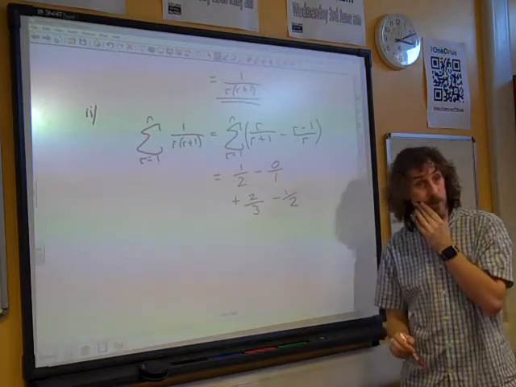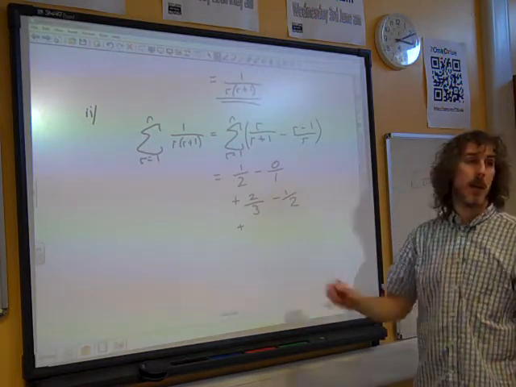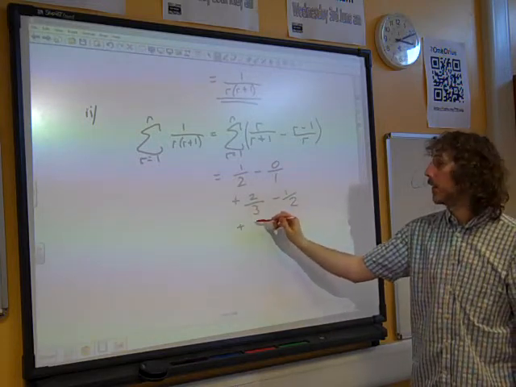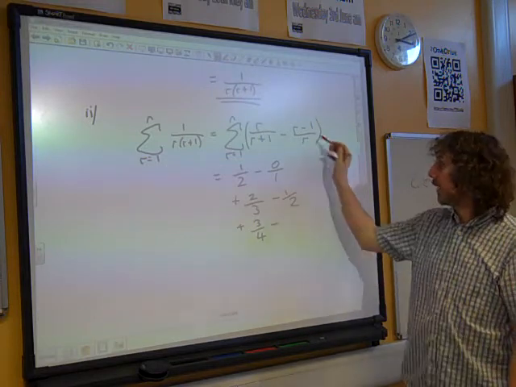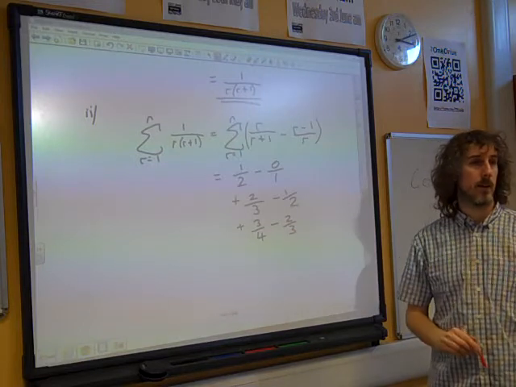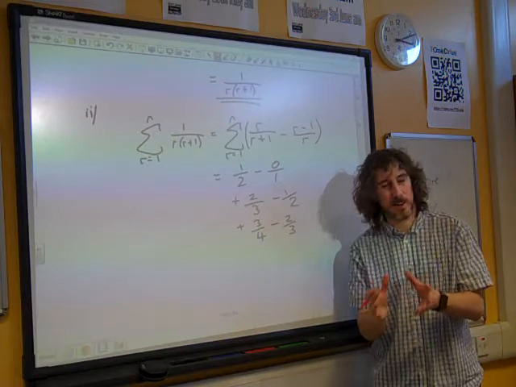I'm going to keep going because I want to keep going until I spot a consistent pattern and I know what I'm doing with this. If r equals 3 now, my third line, so I'm going to do r equals 3. 3 over 4 minus, what would that be? 2 over 3. Things are coming together. I think I know what I'm doing now.